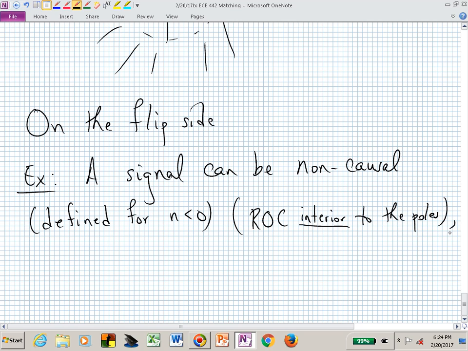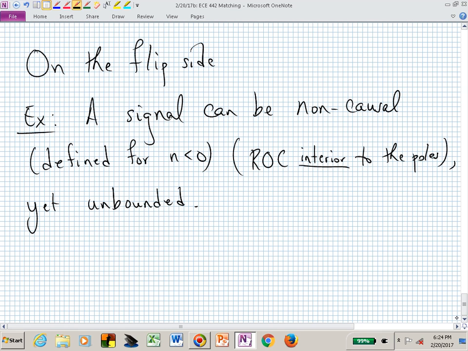I could have a signal that's non-causal, yet unbounded as well. Where do I need a pole to give rise to an unbounded response when I have an anti-causal or a non-causal waveform?